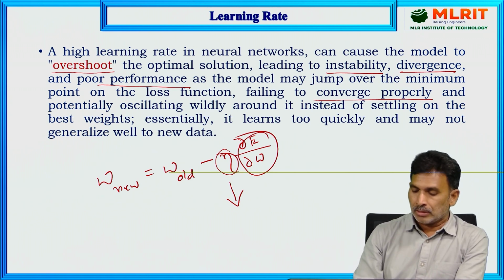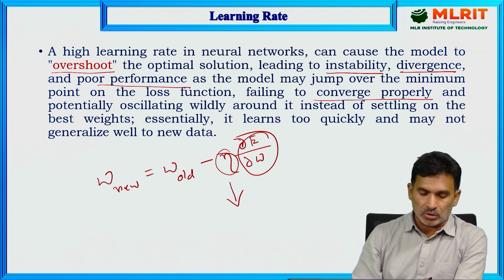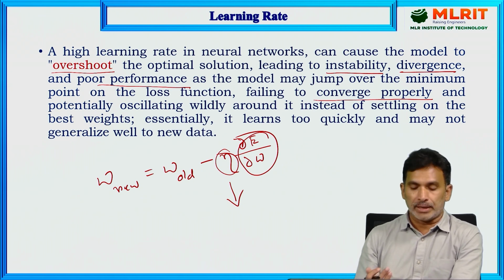Essentially, it learns too quickly and may not generalize well to new data.